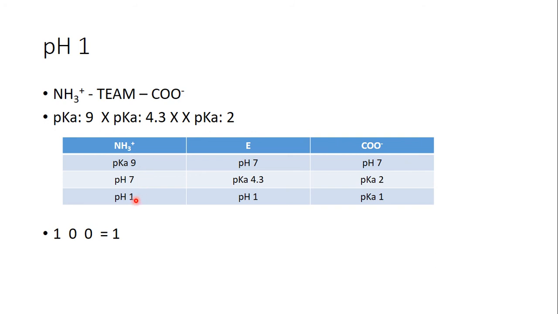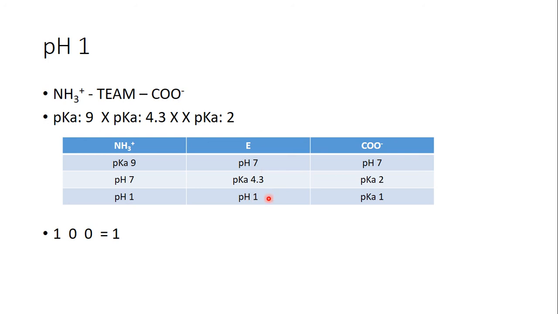Even though pH 1 is below the pKa of 9, we already started below the pKa of 9 at our neutral pH of 7. Therefore, we've already picked up the 1 hydrogen that we can pick up. But here for E, at 7, we are not below the pKa, so we have not picked up a hydrogen.